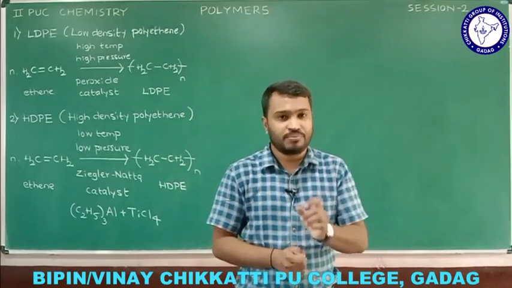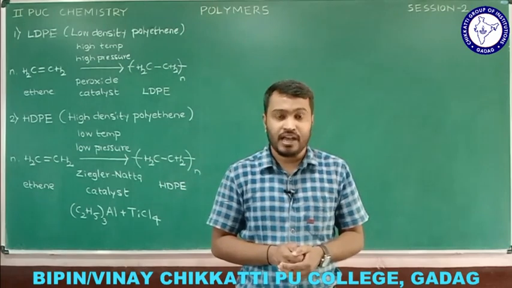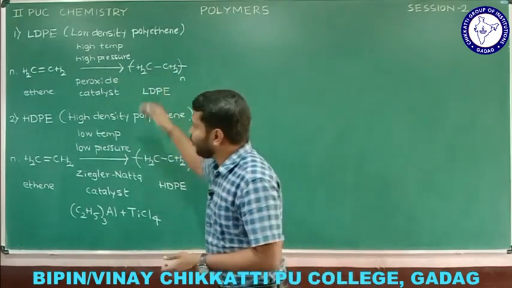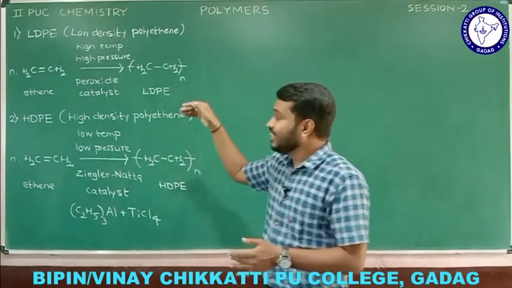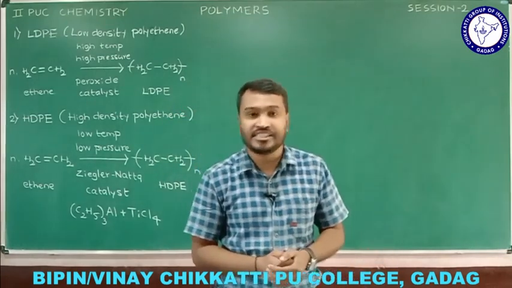That's how you are supposed to write the statement. And remember, you need to know the properties of these also. So now I am going to compare the properties, or you can say the applications, of LDPE and HDPE.